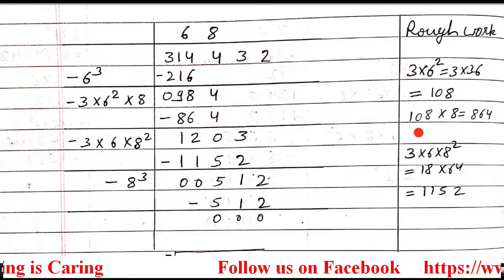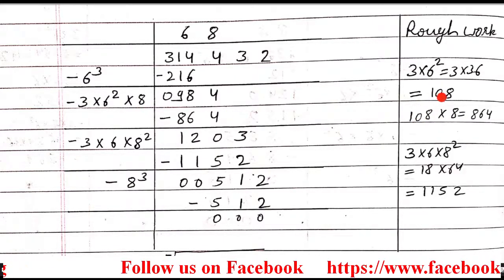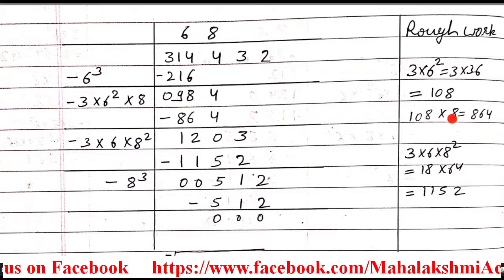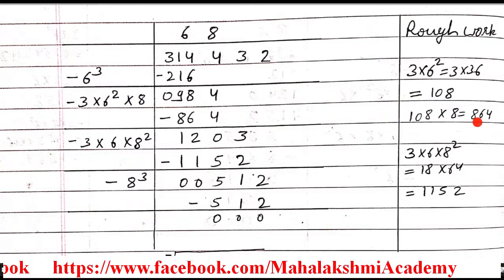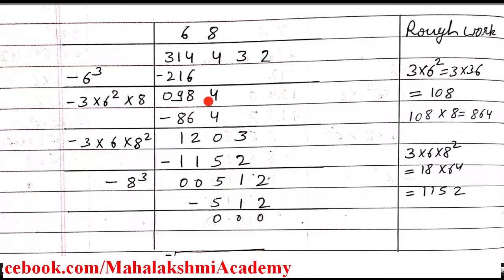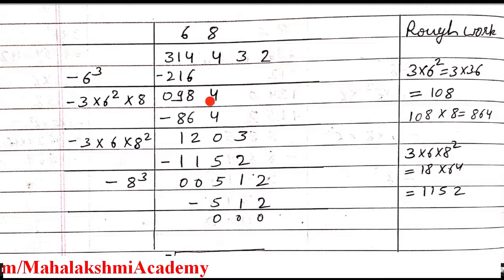I am repeating how we did this. We obtained 108. Now you have to think of a number which, multiplied with 108, will give you the required number, that is 984 or just less than 984. It should not be more than 984.